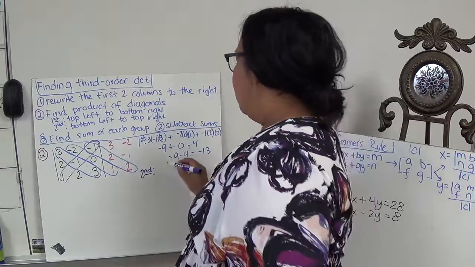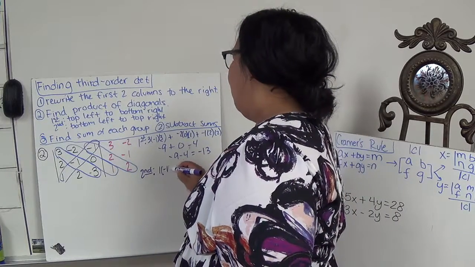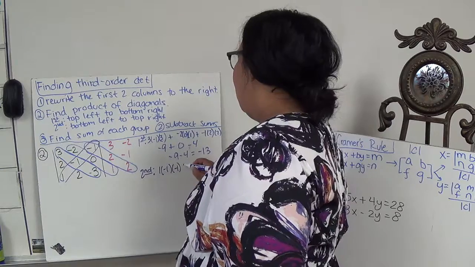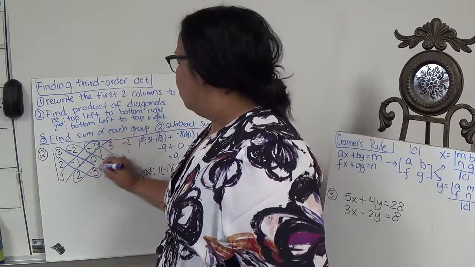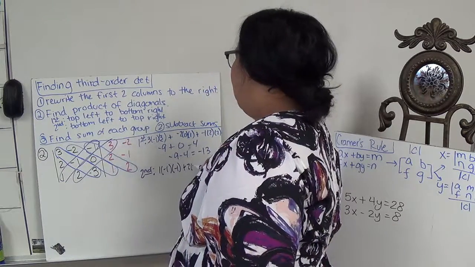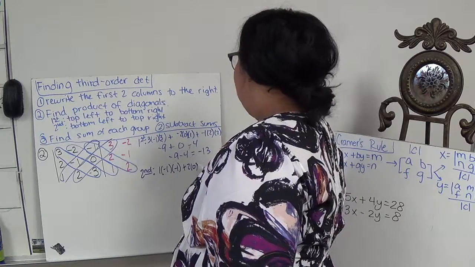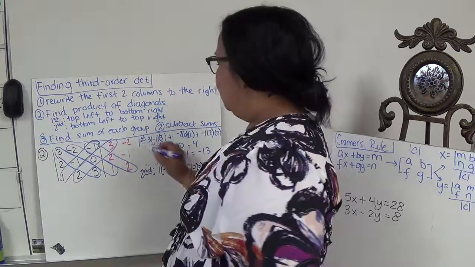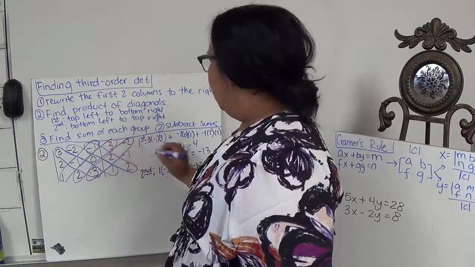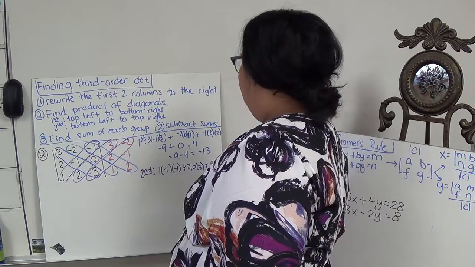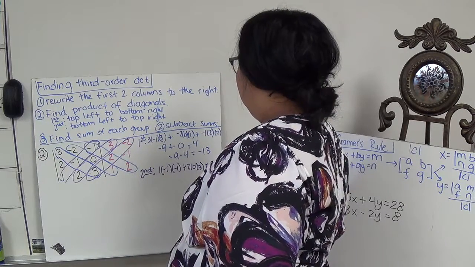Then I have 1 times -1 times -1, plus 2 times 0 times 3, plus -3 times 1 times 2.